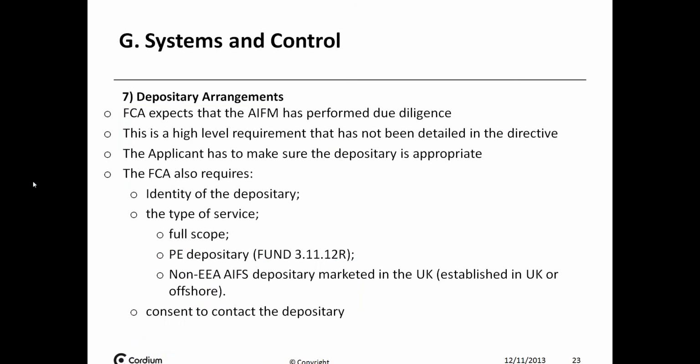So what does the FCA expect on depository arrangements? Confirm that the AIFM has performed some due diligence. That due diligence would include contact meetings with the depository, information on the service provided, starting contract negotiation, assessment of reputation, copy of report and accounts being obtained, etc. We want to see people pushing into that situation.